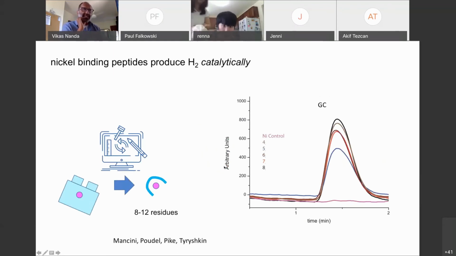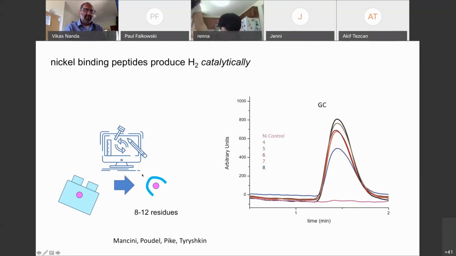Similarly, in work that Saroj is going to talk to us about tomorrow, this is a team effort from Josh Mancini, Saroj Pudel, Doug Pike, and Alexei Tyrishkin, where they have been looking very closely at the nickel binding site of hydrogenase.